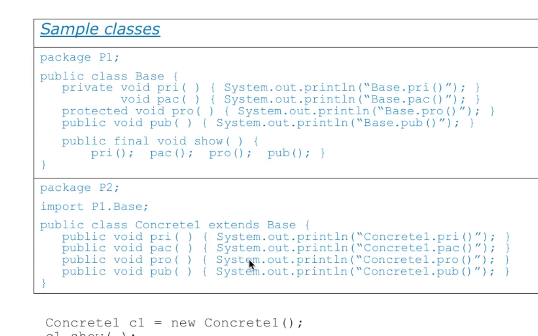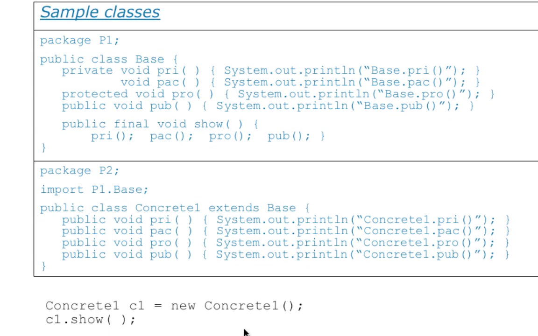And what ends up happening is if we create a new instance here, C1 is a new Concrete one. And we go C1.show, and the show is up here in the base that we're running. And it's going to run all four of the methods that we have specified here. And the four methods that we have specified are different in the base than they are in the extended, excuse me, the other way around, base extended.